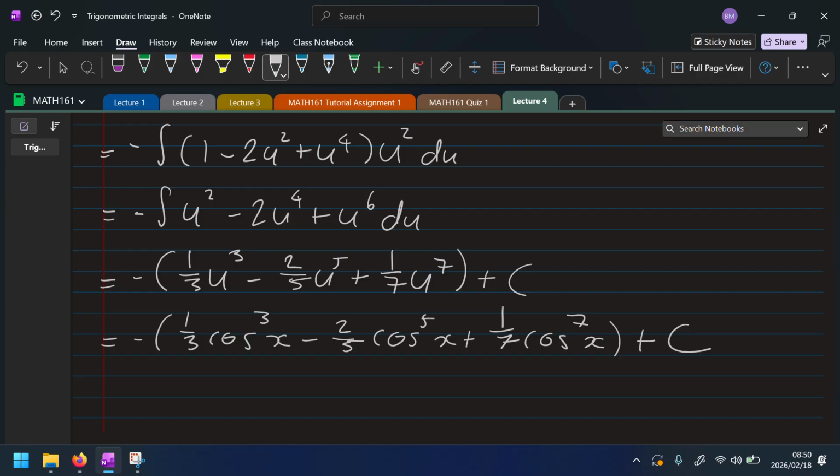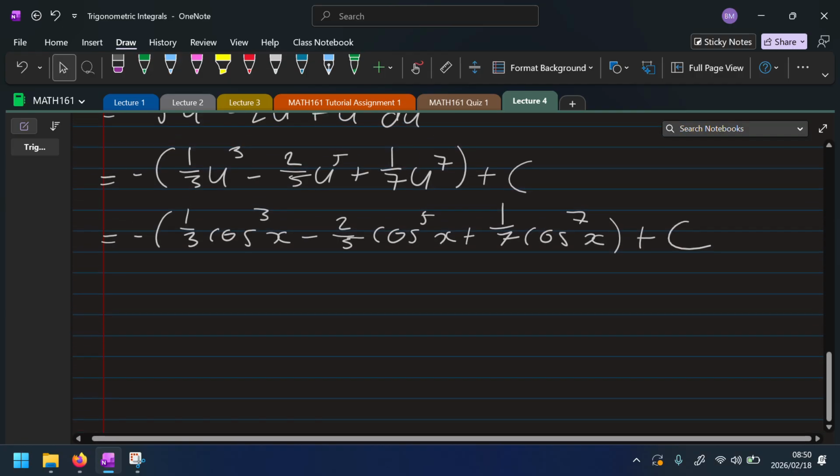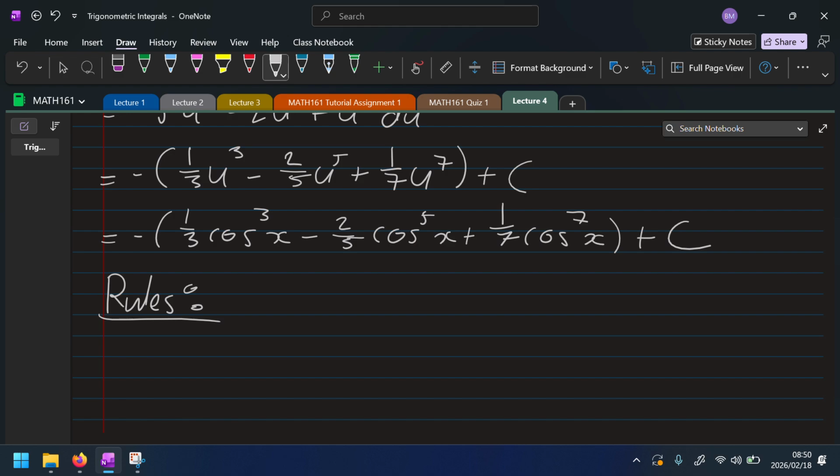Okay, so you should get the idea from part 1 and part 2. Let's have a look at the rules. Okay, so these were 2 specific cases, but these rules will allow you to look at it case by case to see what needs to be done.